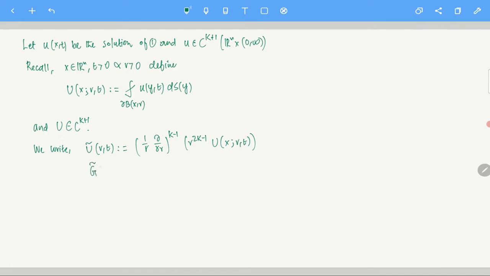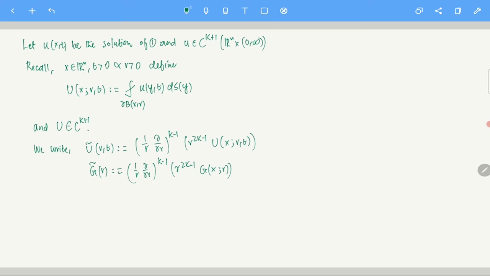And of course, what is g tilde of r? G tilde of r is defined by (1 by r del r) whole power k minus 1, r to the power 2k minus 1, and the capital G of x, r. Again, this is exactly the same thing in a higher dimensional analog.